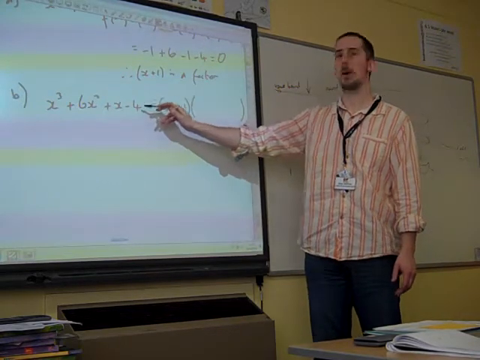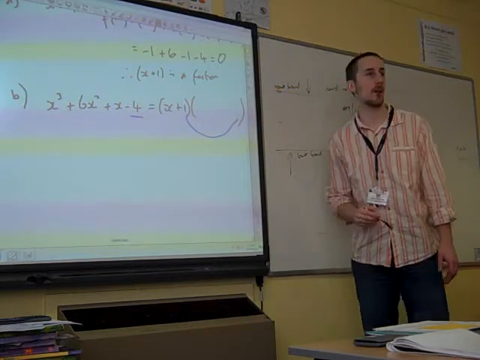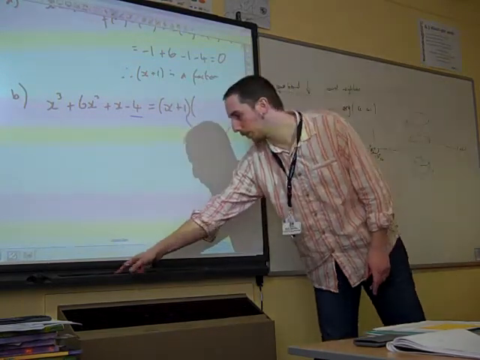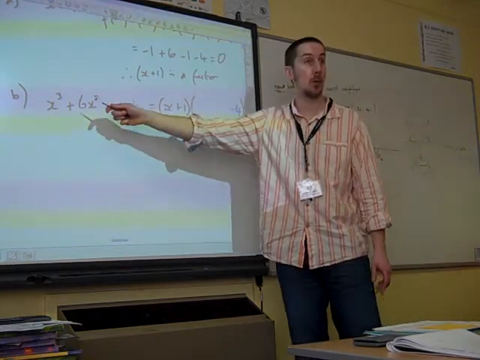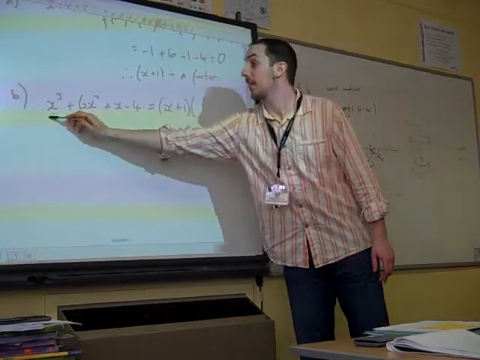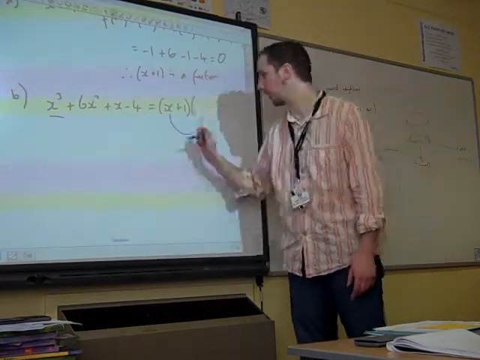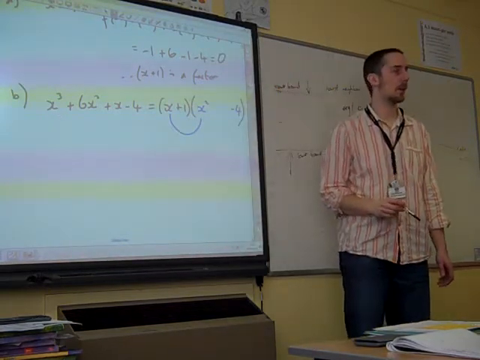In order to get this minus 4, we do plus 1 times whatever goes in that gap. So that must be minus 4. To get x cubed at the start, we must do x times whatever goes there. So that must be an x squared. And now the tricky bit is working out what goes in the middle.